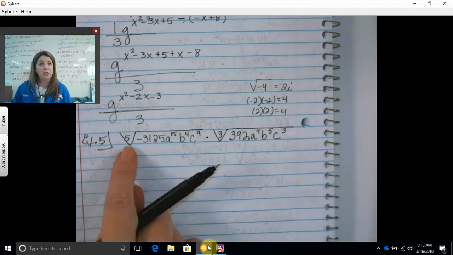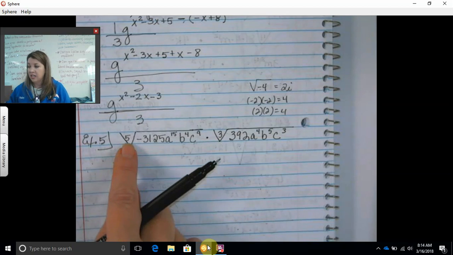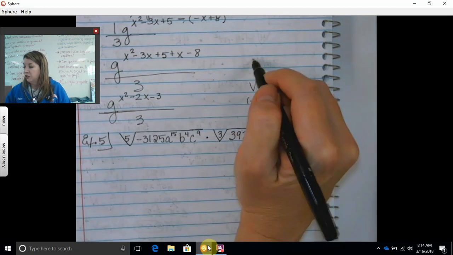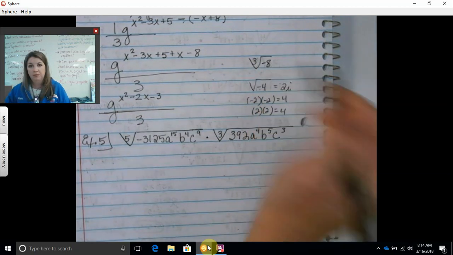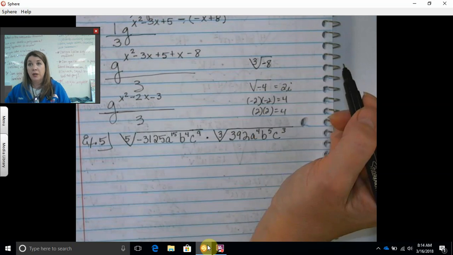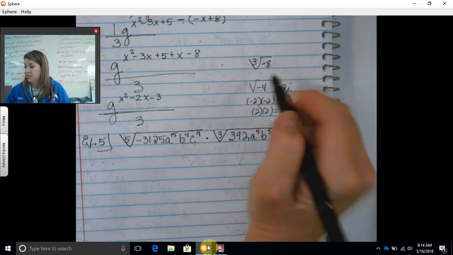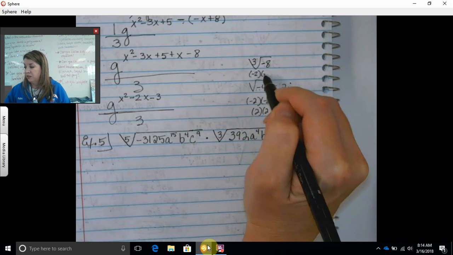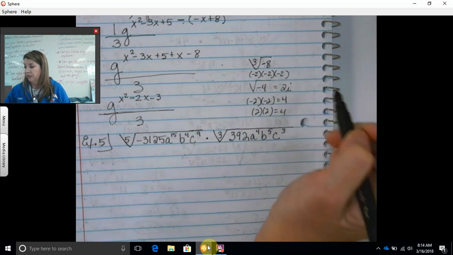Is the same true if it's odd? Check this out. What if I said, what's the cubed root of negative 8? Well, what's the cubed root of positive 8? 2. 2 times 2 times 2 is 8. Can you do the cubed root of negative 8? What's negative 2 times negative 2 times negative 2? Negative 8.